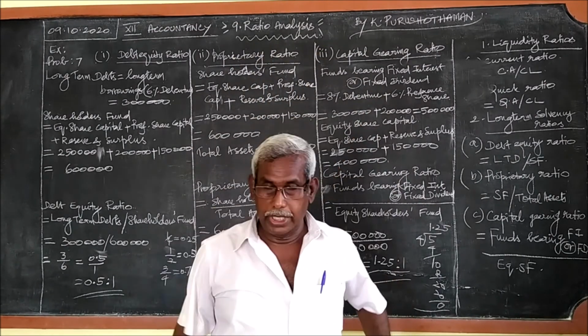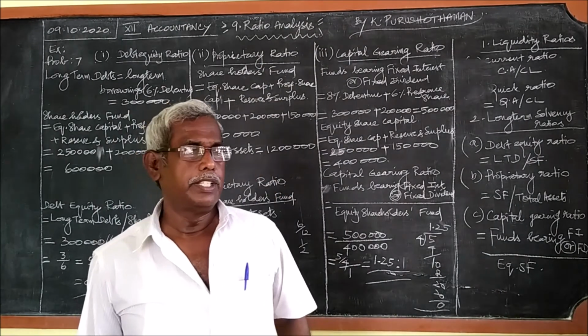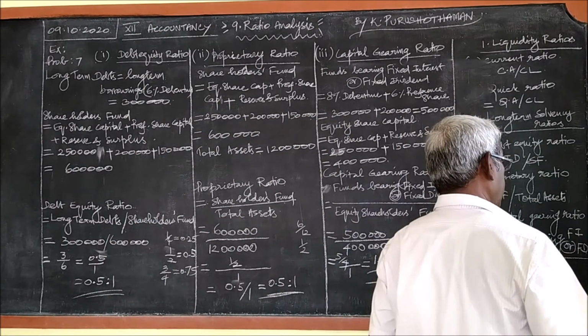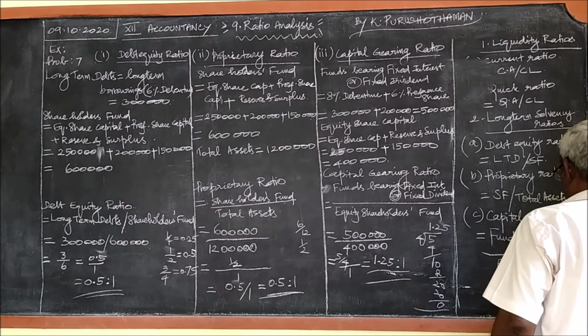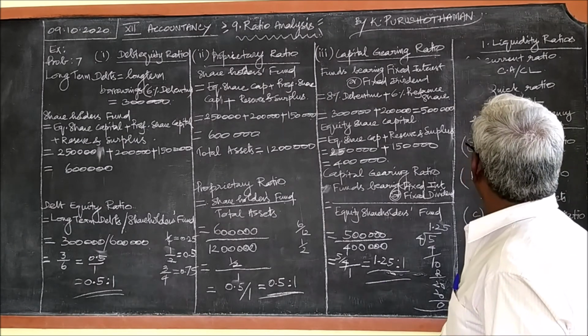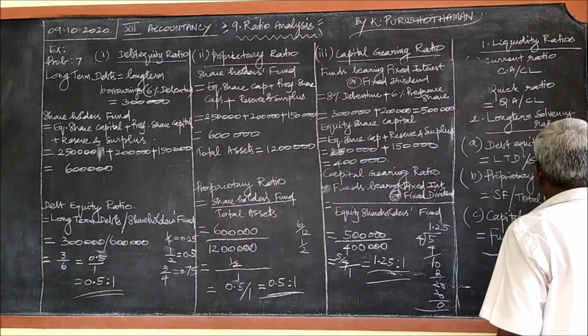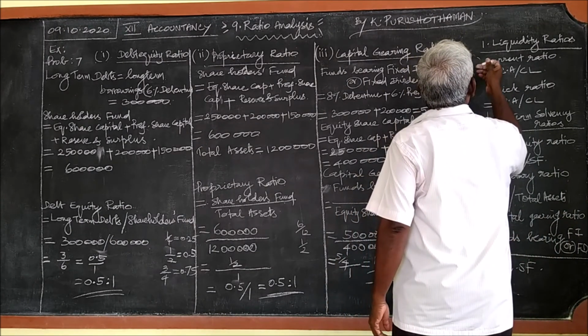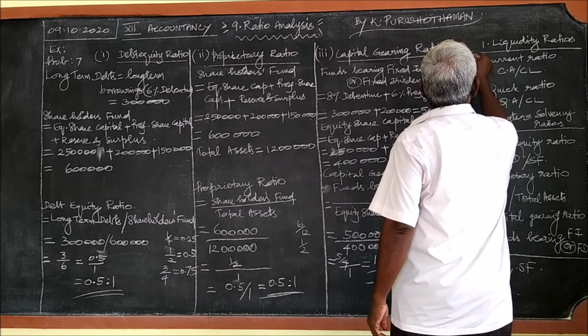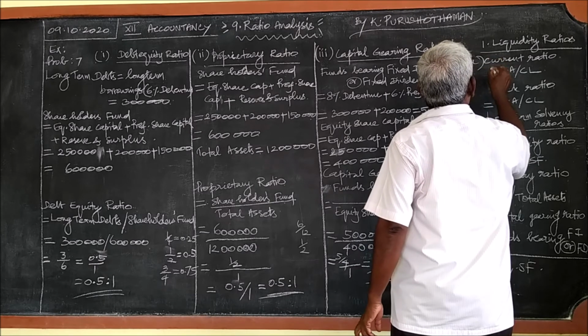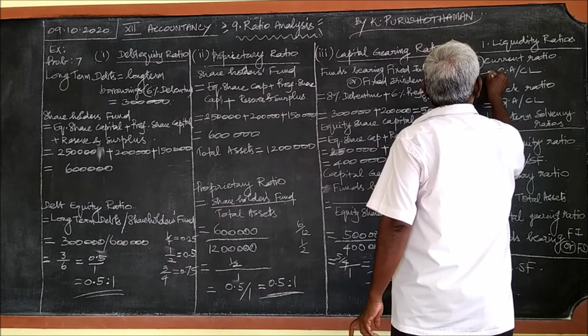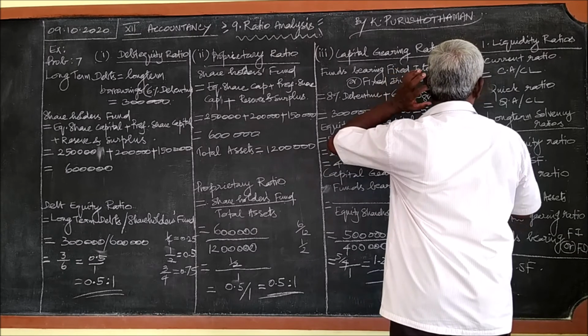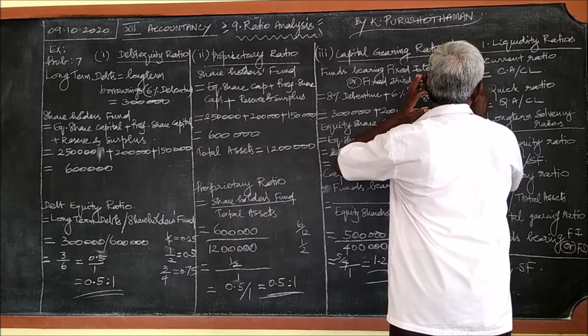So once again I repeat the same. What we have seen so far, there are two types of ratios. The first one, liquidity ratios, under which we found current ratio. Current ratio is equal to current assets by current liabilities.